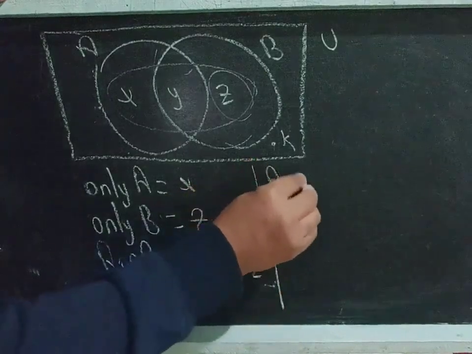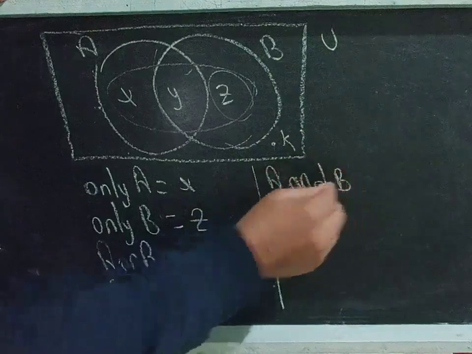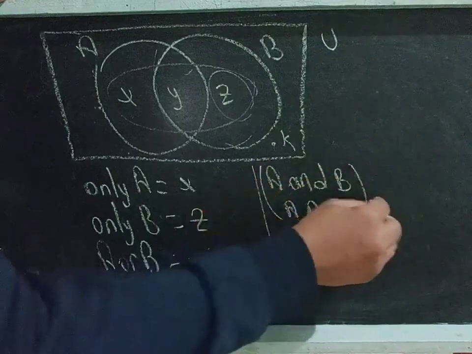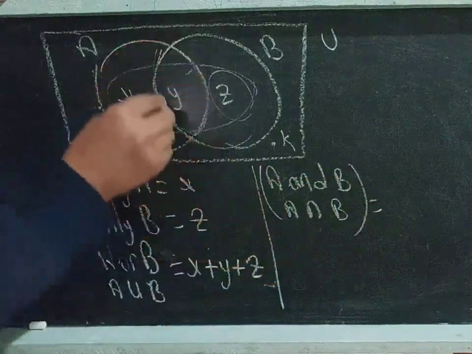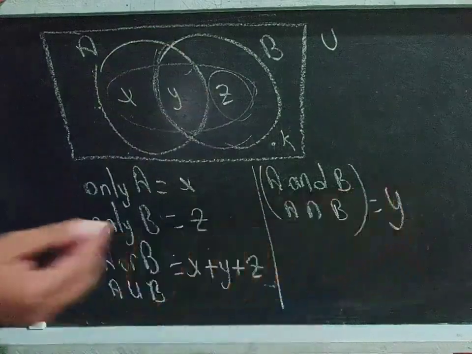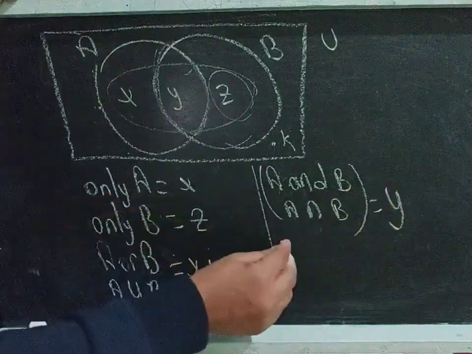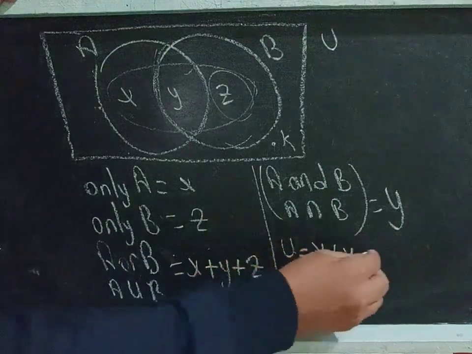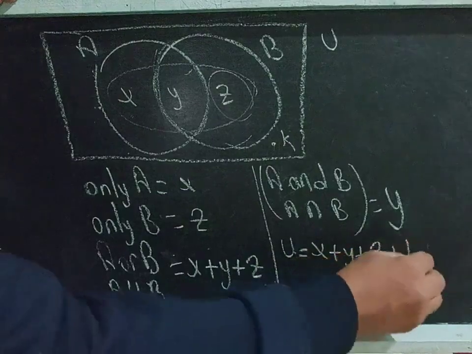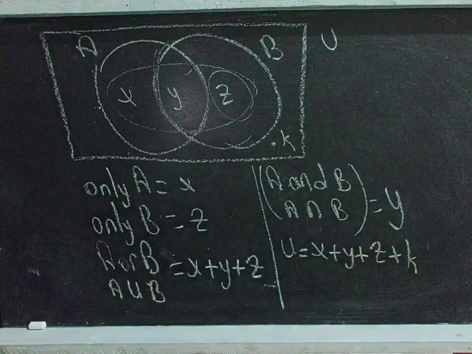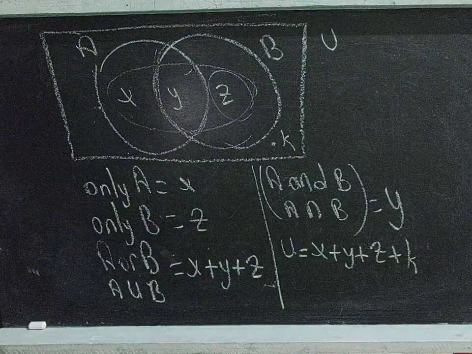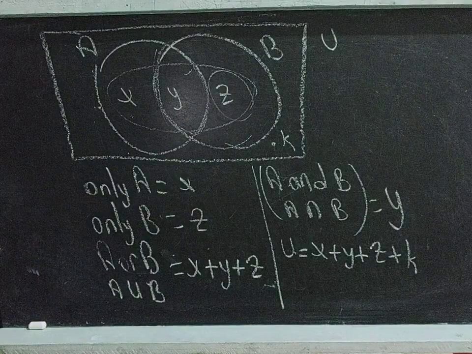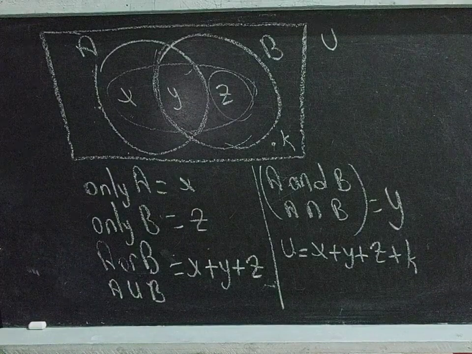A and B, which is the and symbol, will be just y. So universal will be x plus y plus z plus k. These are really important. You will use this in solving problems with Venn diagrams.